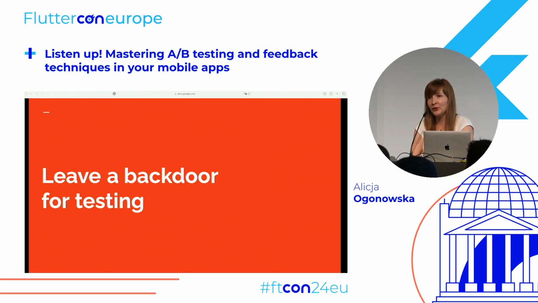So what you could do if your app has like a debug menu or something like that, it's good to add a way to override the test variant. Or at least what you could do is somewhere in the user settings or also in the debug menu, add an option to actually display all the test experiment variants that your user is currently using.